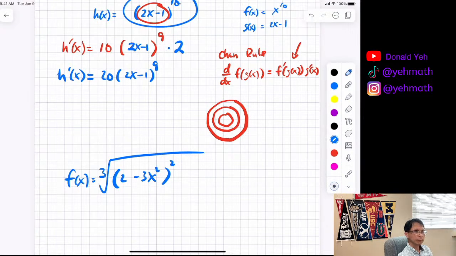Powers of 1 over. You would just add 1/3 to the power. Oh, let me give you some power. Do you know this rule?